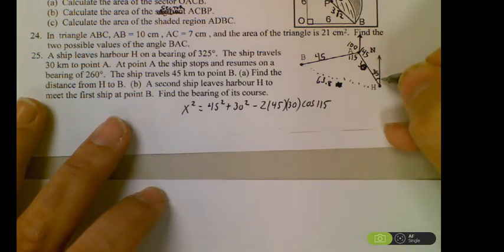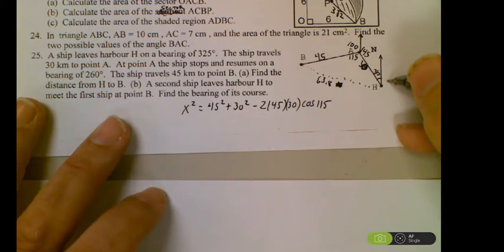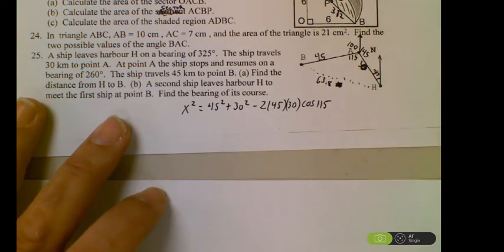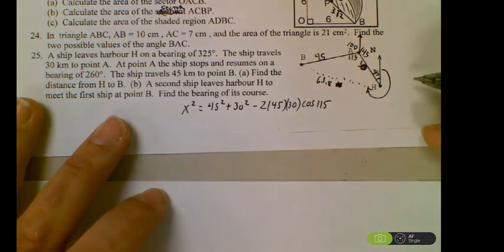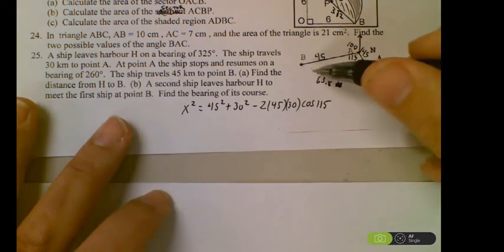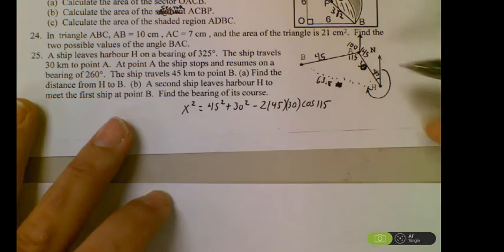If I can get this angle and subtract it as well as 35 from 360, that can then give me that bearing that we're looking for, which is this guy. So the bearing that it traveled is ultimately that right there. So I need this angle, that is angle BHA.